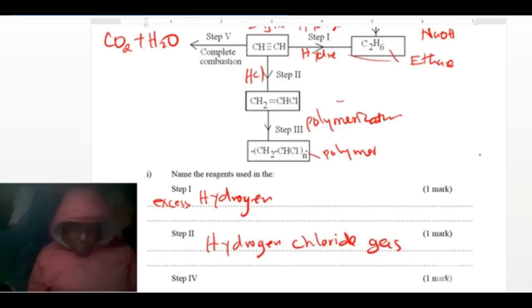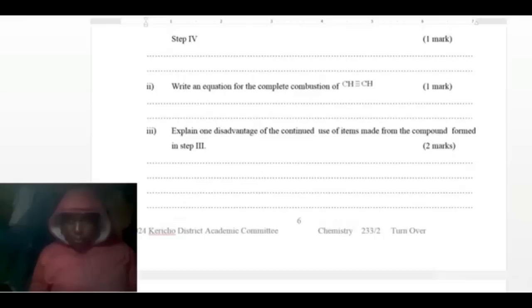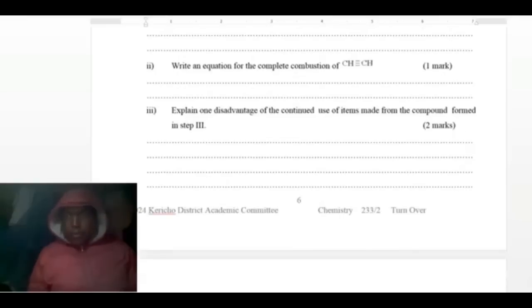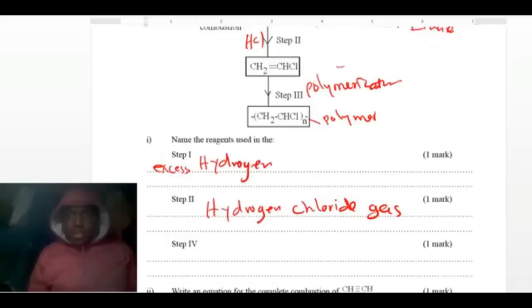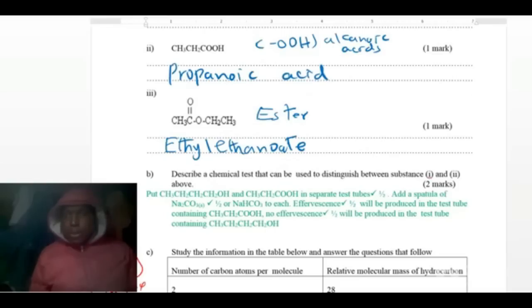We need hydrogen chloride gas for step 2 to occur. Step 4, what reagent? So here we have not been asked the conditions. The next question now will be the conditions.